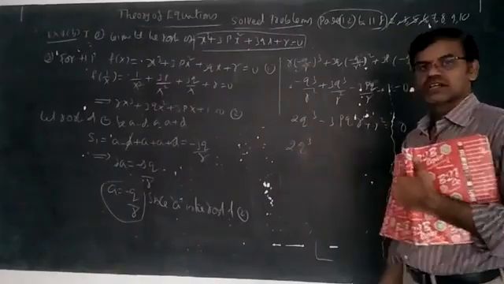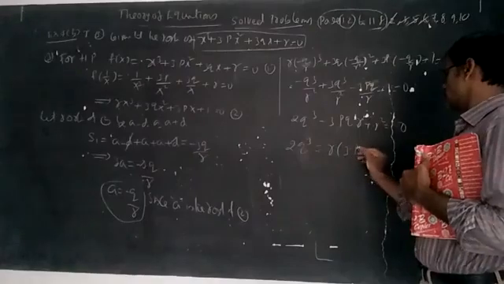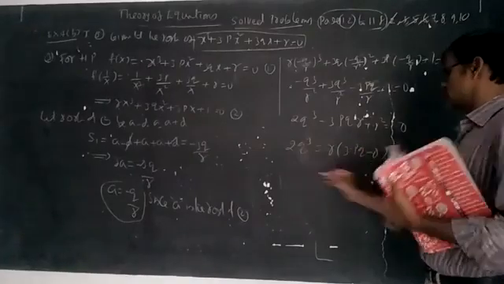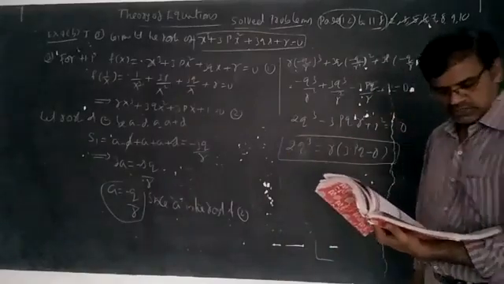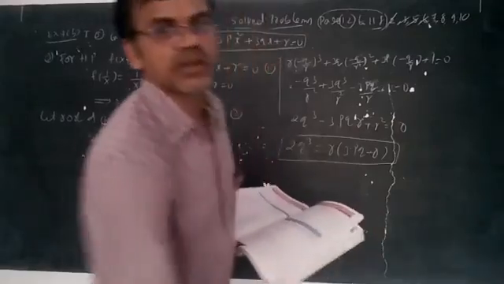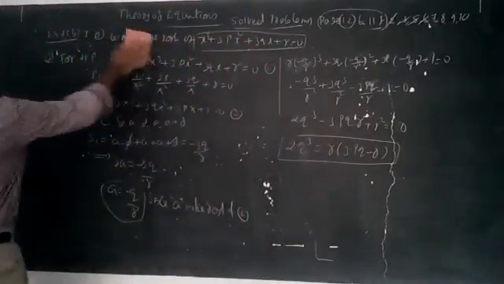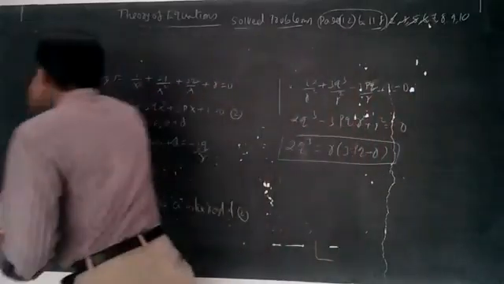So the required condition is 2q cube is equal to, whenever r is taken common, r into 3p cube minus r. This is the condition of harmonic progression, if the roots of the given equation are in harmonic progression.